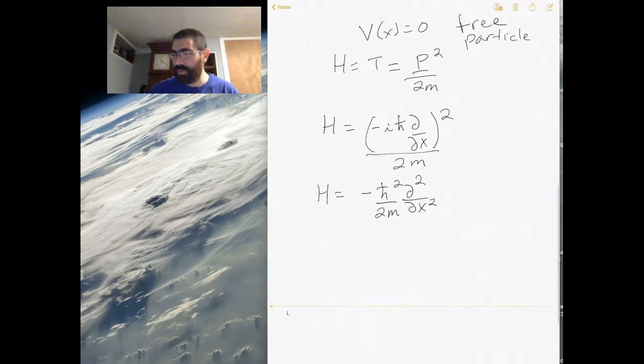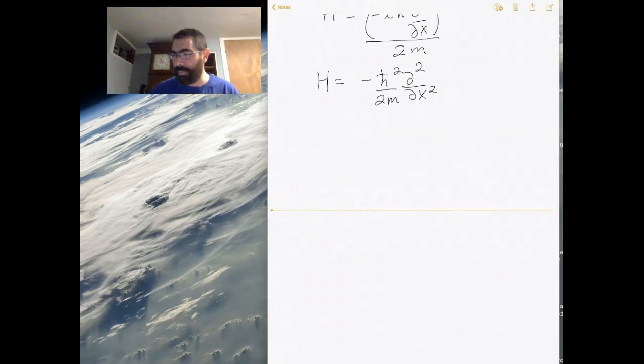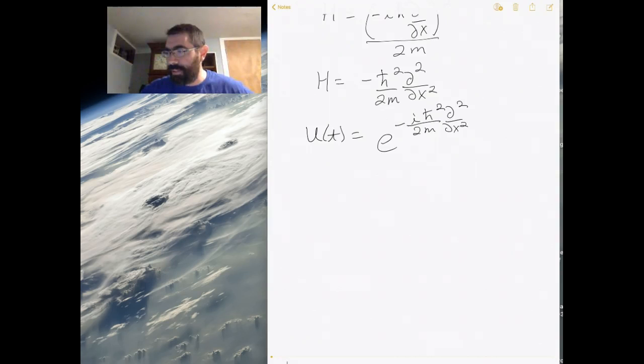So now our propagator becomes U of t, which is e to the minus i h bar squared over 2m, second derivative, times t divided by h bar.